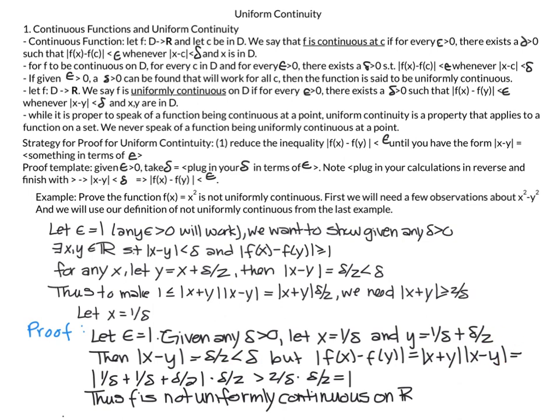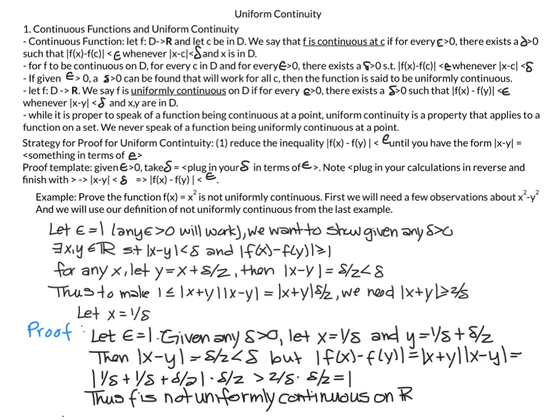And then when we do the algebra, we will see that we have our f of x minus f of y is greater than 1, which again is our epsilon, and thus we've satisfied the condition for not being uniformly continuous on R.